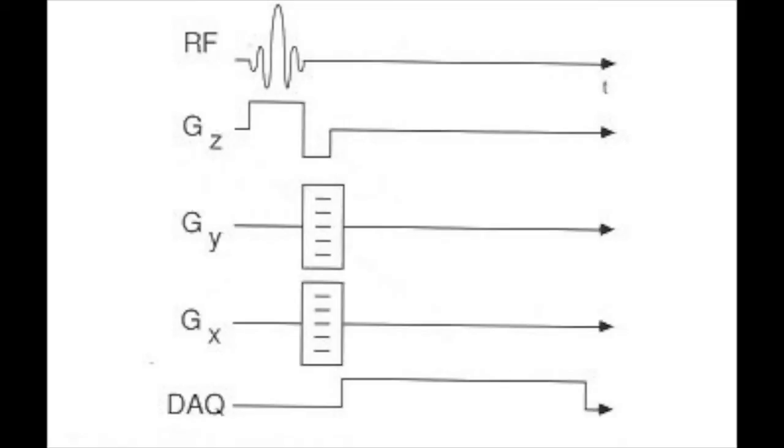So there will be a Z gradient that provides slice selection, but X and Y are used for phase encoding this time. So image reconstruction this time requires a 3D Fourier transform for 2D imaging.